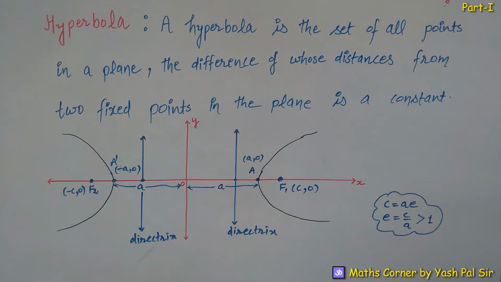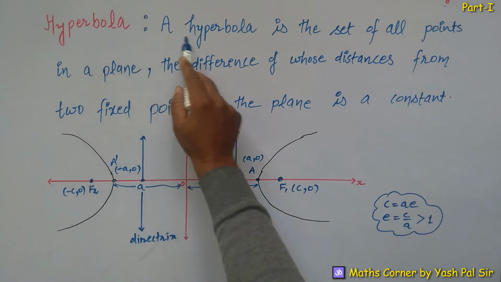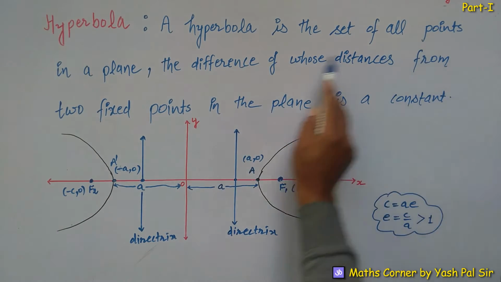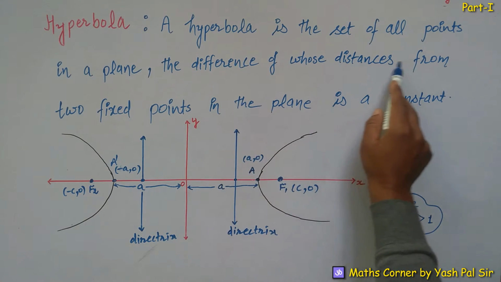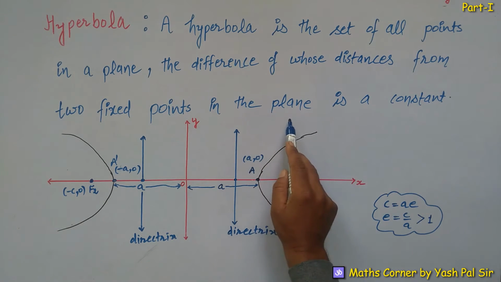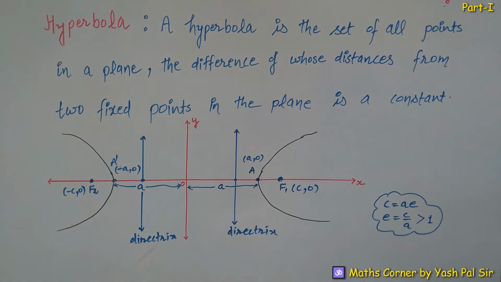Now we come to the definition of the hyperbola. A hyperbola is the set of all points in a plane, the difference of whose distances from two fixed points in the plane is a constant.